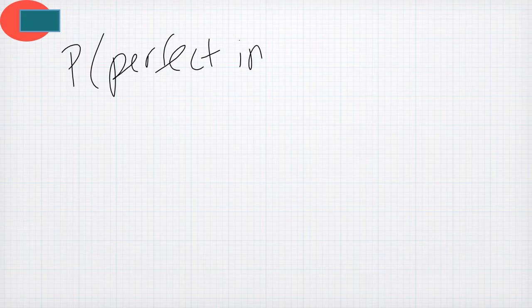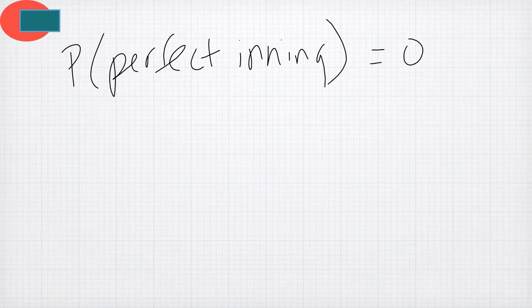So we have 9 perfect innings, so the probability of a perfect inning, right? And from that problem that we looked at before, that probability is 0.40. Okay, so what's the probability of 9 perfect innings?